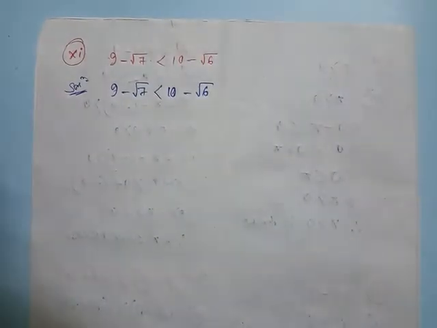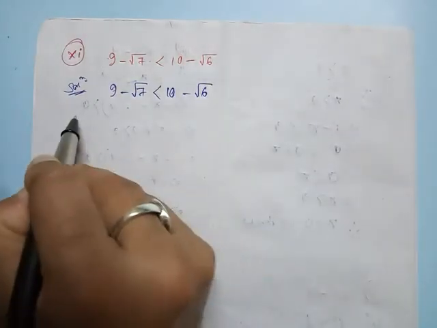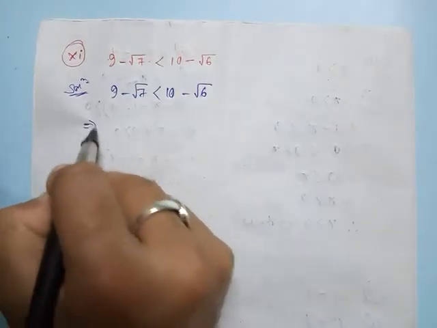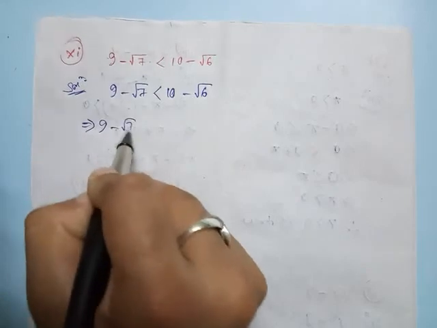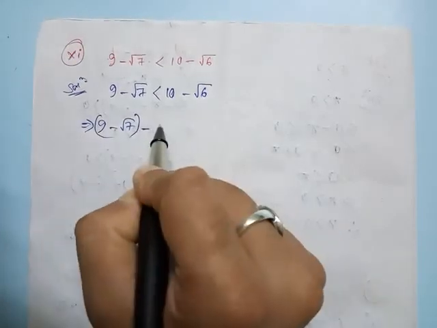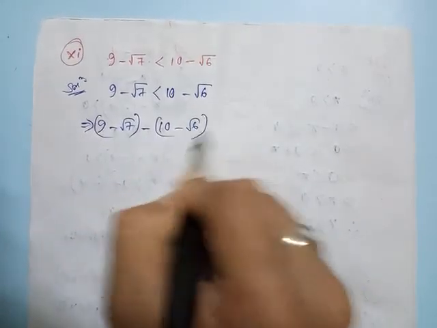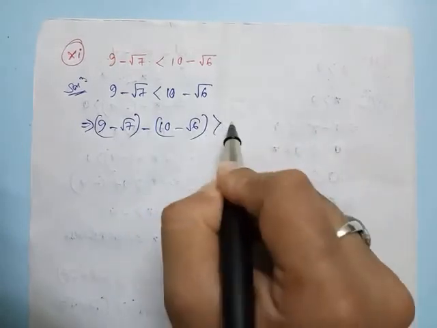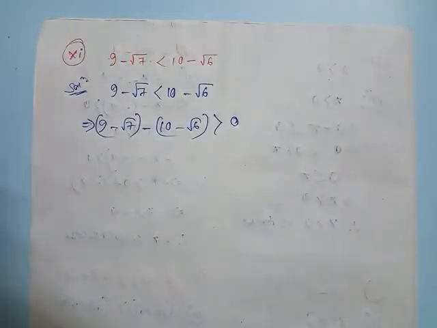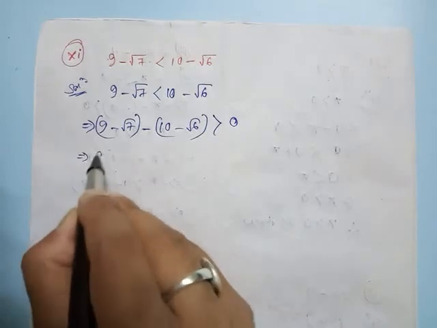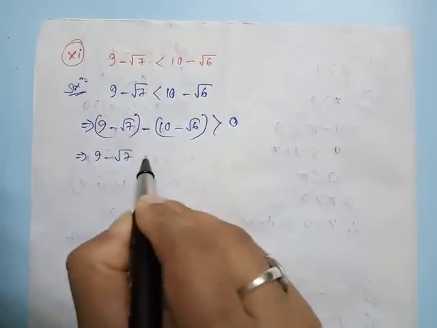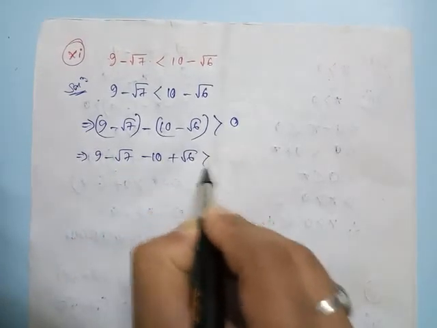Look, first of all student, I will subtract the value 10 minus root 6 from 9 minus root 7, and the sign will change, bigger than 0. Answer would be, next step, 9 minus root 7 minus 10 plus root 6 bigger than 0.